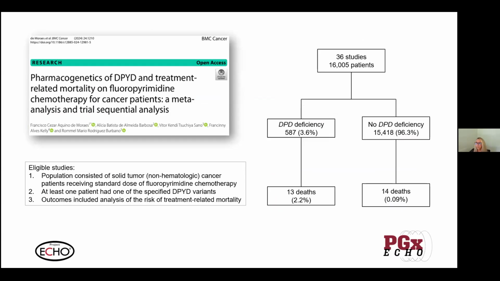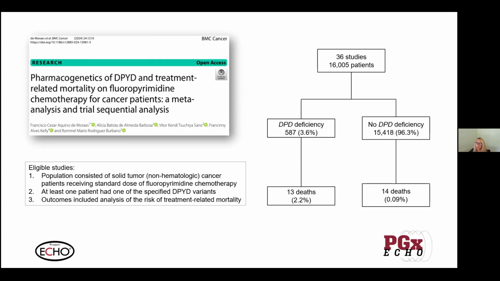This is a meta-analysis of studies that included patients with solid tumor cancers who received standard dosing of fluoropyrimidine chemotherapy. They had at least 1 patient with 1 DPYD variant of interest, and the outcome of the study included analysis of the risk of treatment-related mortality. The flowchart on the right of the slide shows that 36 studies were included with a total of 16,005 patients.